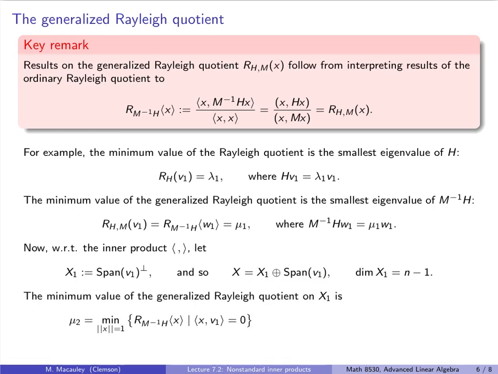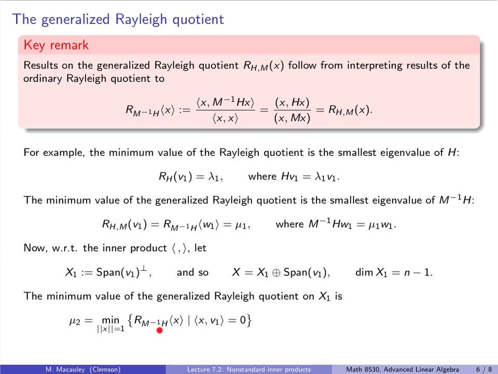And the minimum value of the generalized Rayleigh quotient on the subspace x1, let's call it mu2. It's the minimum, remember we only need to look at unit vectors, of the standard Rayleigh quotient with respect to this non-standard inner product, restricted to all vectors that are orthogonal to v1. And that's the definition of x1.